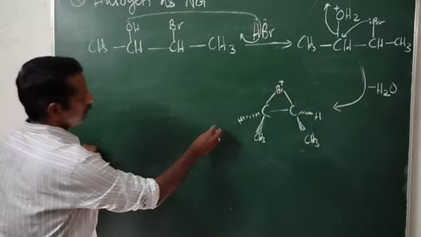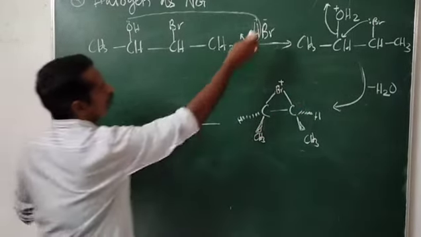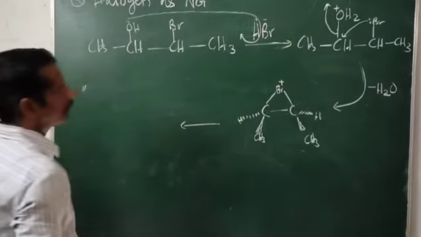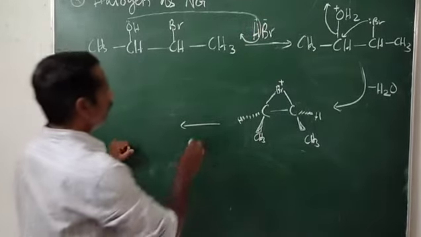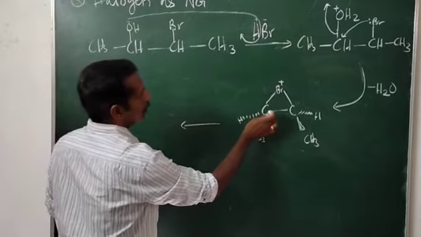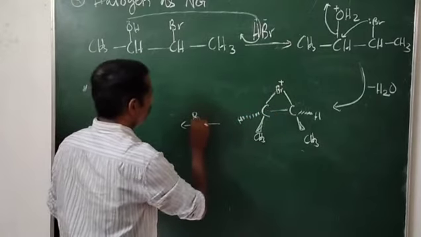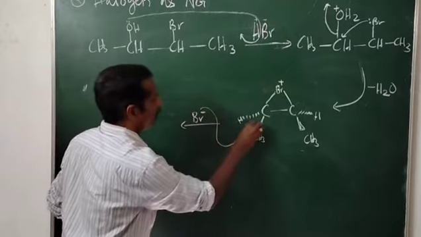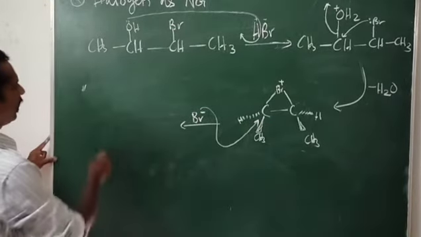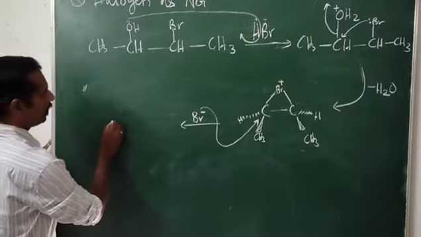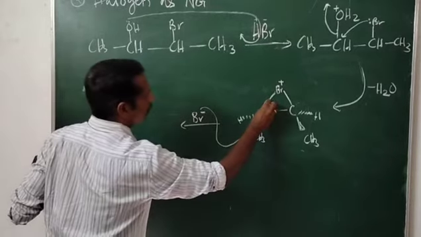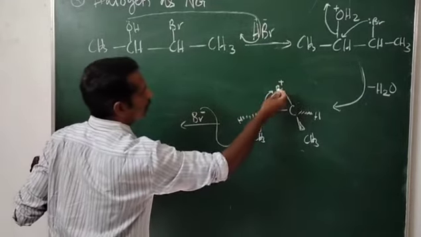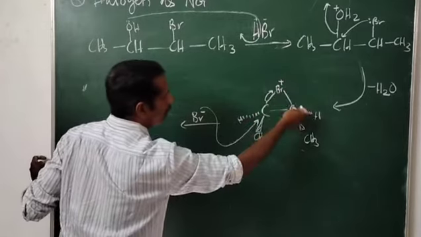Now in the next step, our external nucleophile Br minus will attack on this carbon. Look at it here, Br minus, this is our external nucleophile attacking from the backside, and we get a structure like this. At that time the bond breaks and it will be shifted to this carbon, this bromine becomes free, only attached to this carbon.